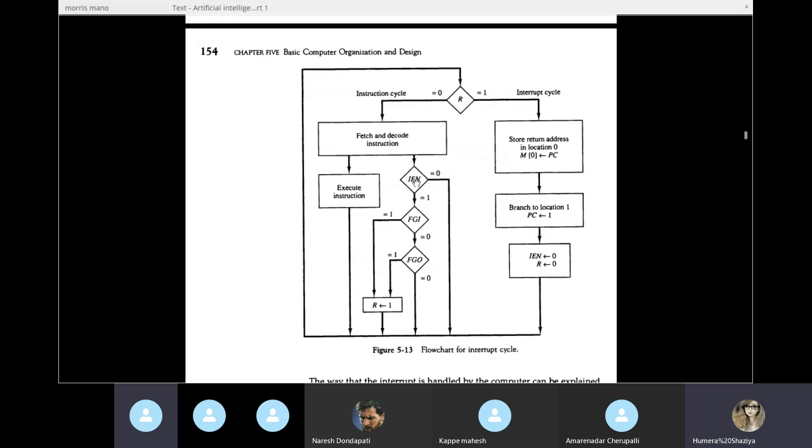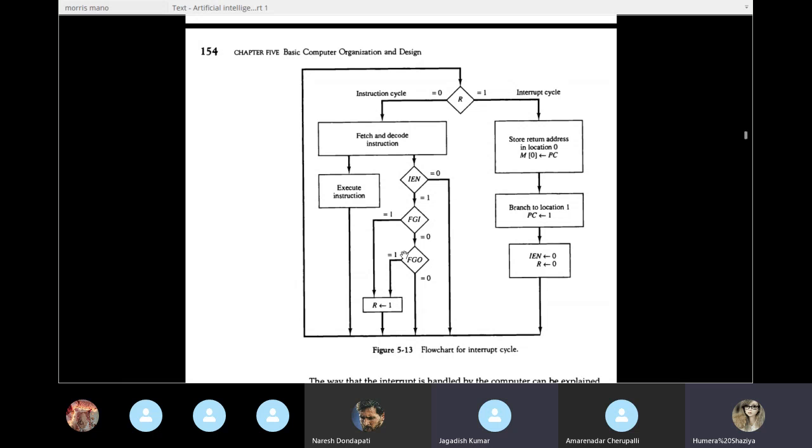If IEN is 0, then you go to the beginning. If IEN is 1, then you check whether the input flag is on. If the input flag is on, it is equal to 1. If the input flag is off, it is equal to 0. FGO means output flag.